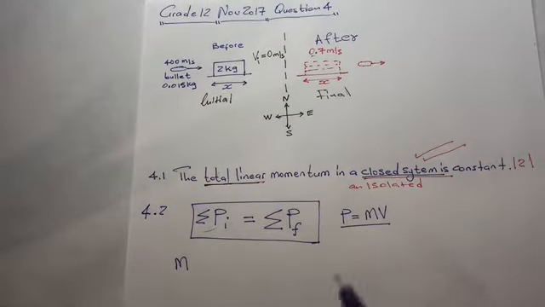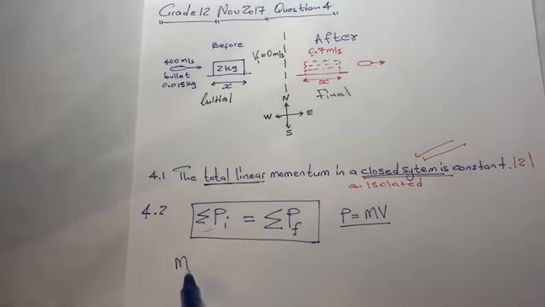We've got a bullet and a block, and both of their first letters start with B. So we'll use a small letter b to refer to the bullet, and a capital letter B to refer to the block.